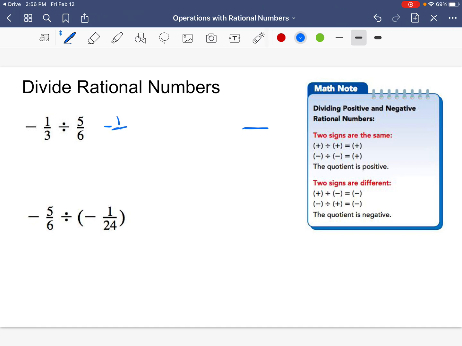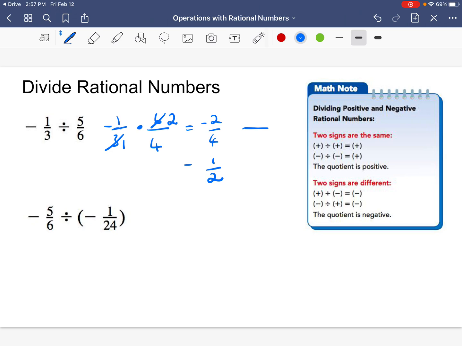Negative 1/3 divided by 5/6 is equivalent to negative 1/3 multiplied by the reciprocal of 5/6, which is 6/5. And I can do some cross multiplying or dividing. 3 divided by 3 is 1. 6 divided by 3 is 2. So it's negative 2/5.